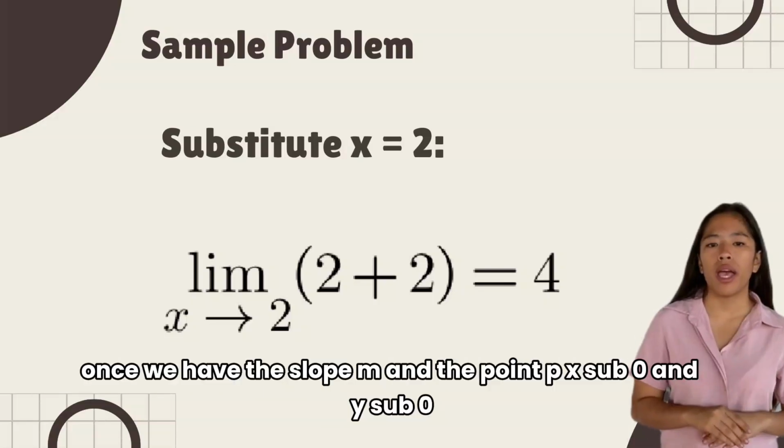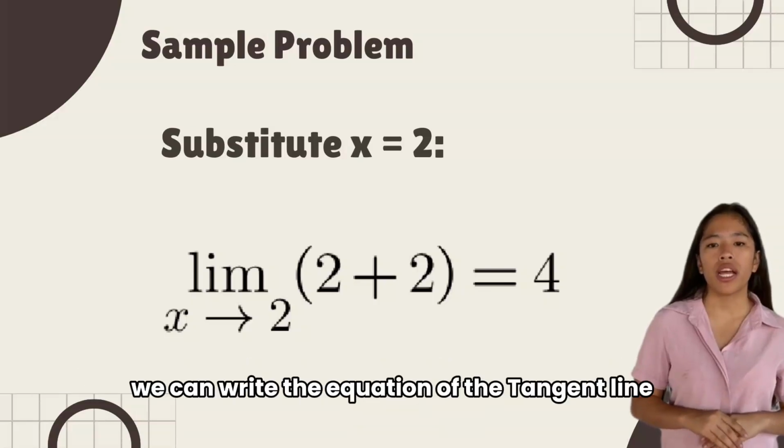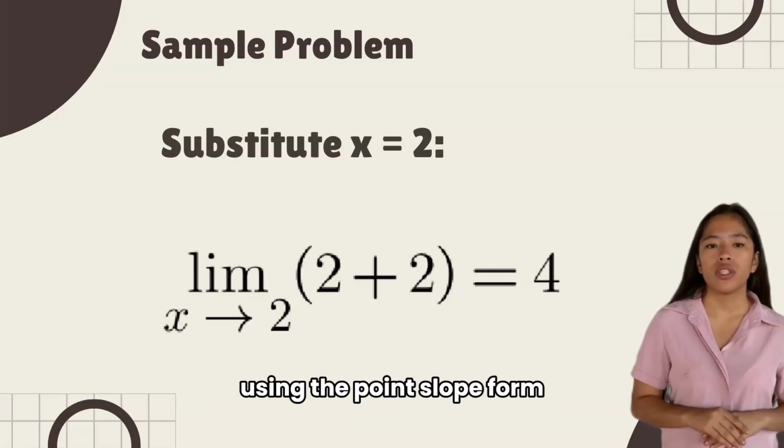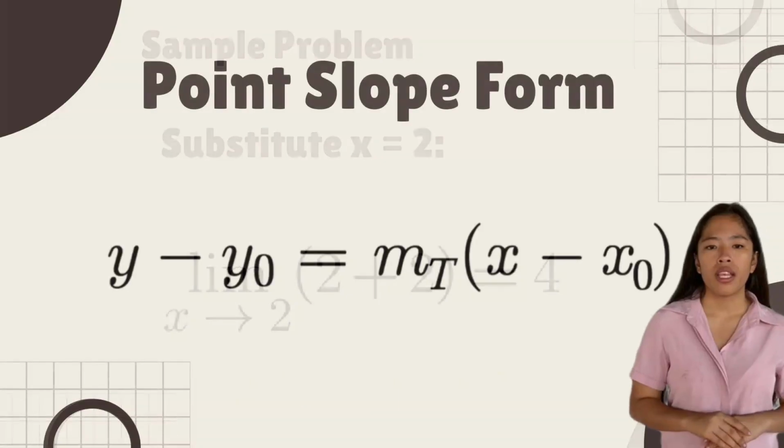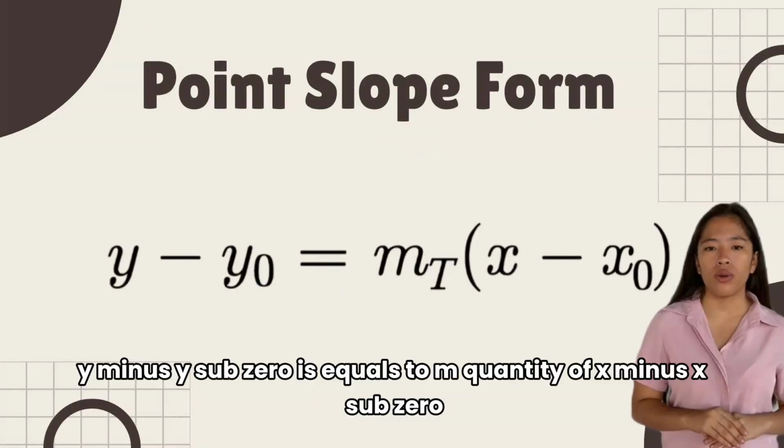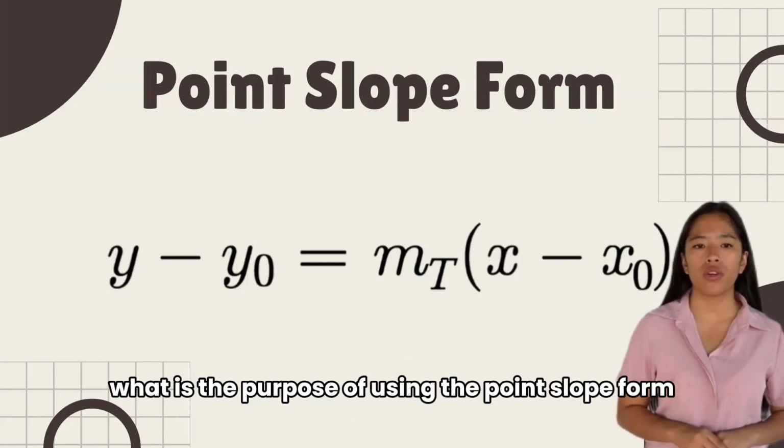Once we have the slope m and the point P, (x sub 0, y sub 0), we can write the equation of the tangent line using the point-slope form. y minus y sub 0 is equal to m times the quantity of x minus x sub 0. What is the purpose of using the point-slope form?